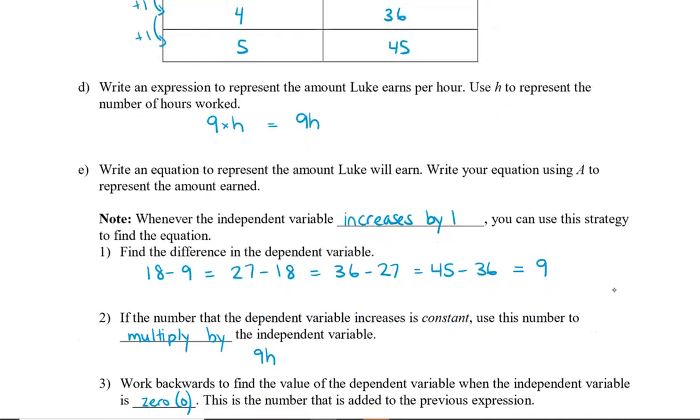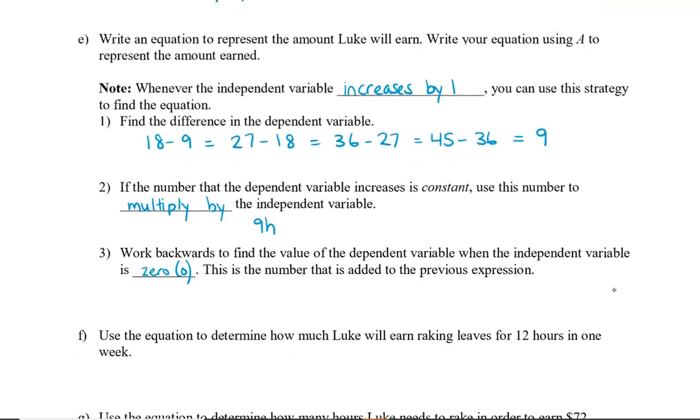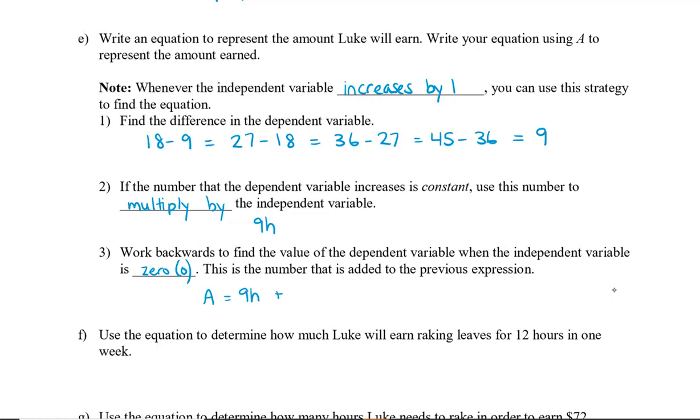So that means that our expression is going to be A for our amount equals 9H, and then we're going to add this number that we get when he does work 0 hours, and that happens also to be 0. So this is our equation. We don't really need the 0, so we can then rewrite this equation as A equals 9 times H.